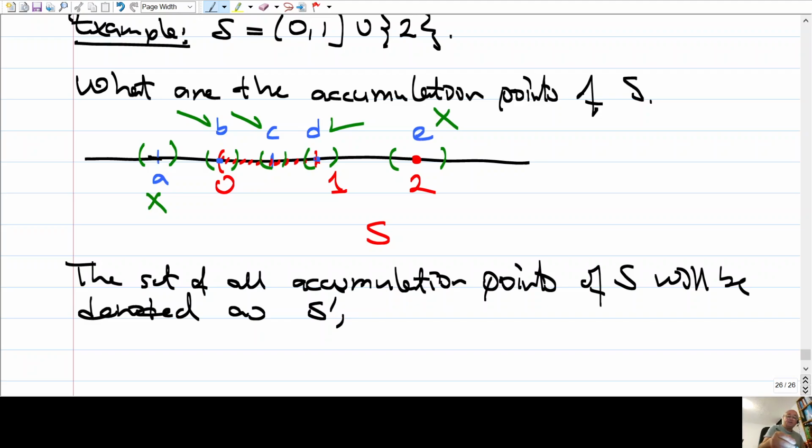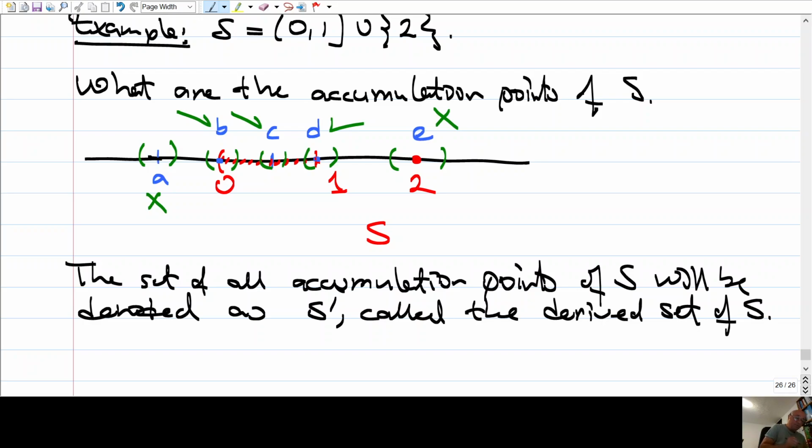We will either call this the set of accumulation points of S, or another name is the derived set of S. And in this case, what is the derived set S prime? Well, anything between 0 and 1, including 0 and 1. These are accumulation points, and 2 is not an accumulation point. So the derived set is this.